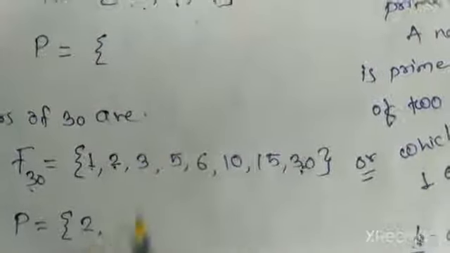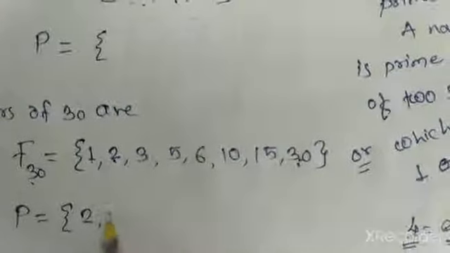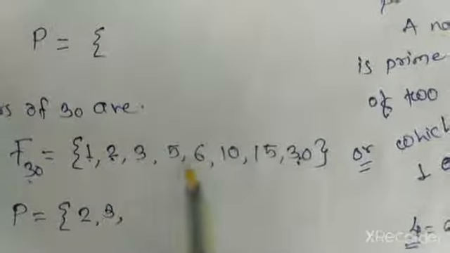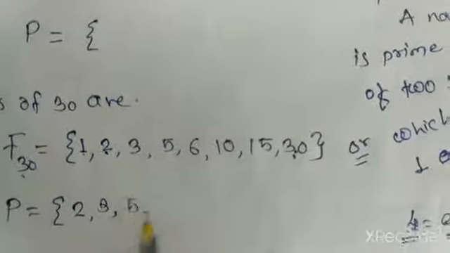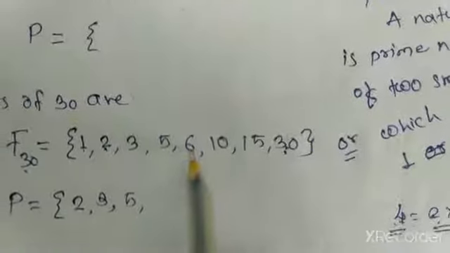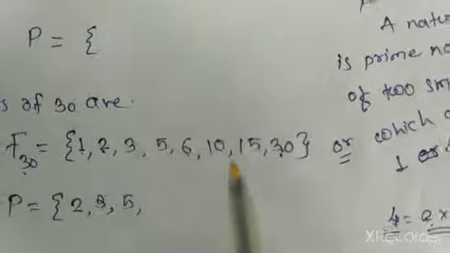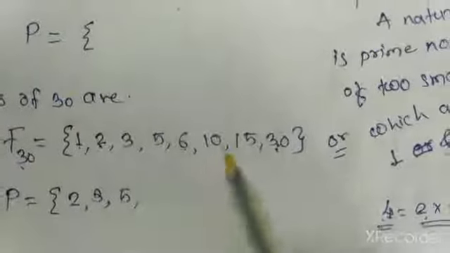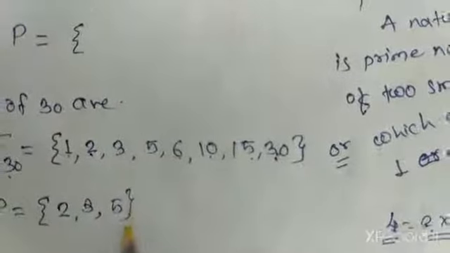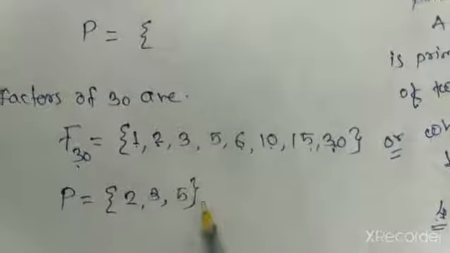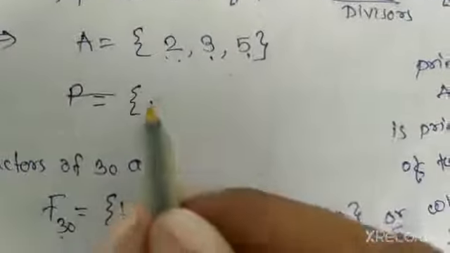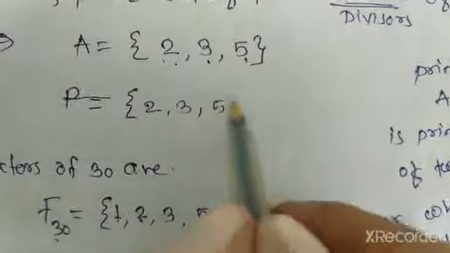So the first prime here is 2, next 3, next 5. 6 is not prime because its divisors are 2 and 3. 10, 15 and 30 are not prime. So we get 2, 3 and 5, and we write P = {2, 3, 5}.